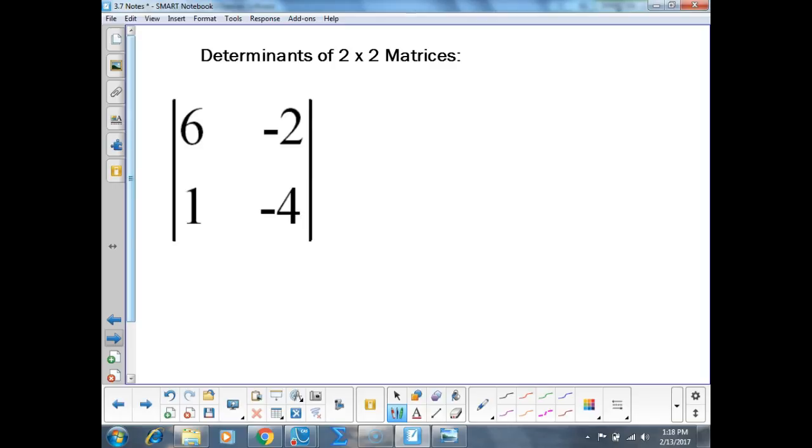All right, so step number 1, by the way, if we're finding a determinant, we have straight sides on our matrix. If we have brackets, that means we're talking about it as a matrix. If we straighten out those sides, then we're asking you to find the value of the determinant.